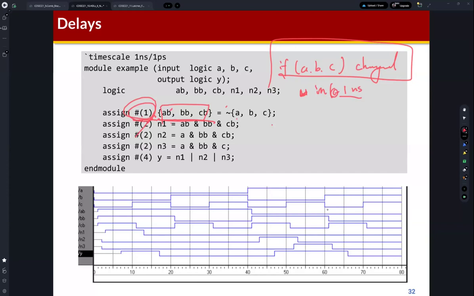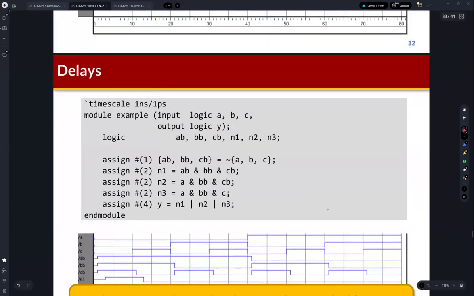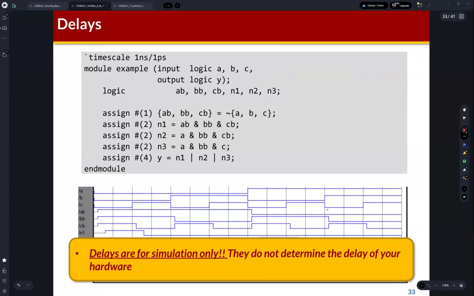But you need to also remember that delays are for simulation only. I said that you need to distinguish simulation and synthesis, the real hardware. This delay will not be reflected in the synthesized hardware. So you need to remember this.